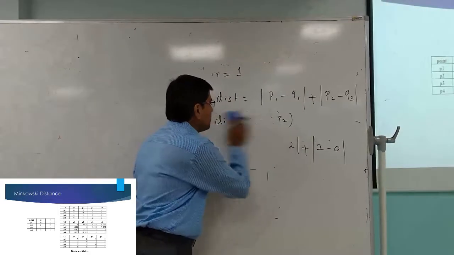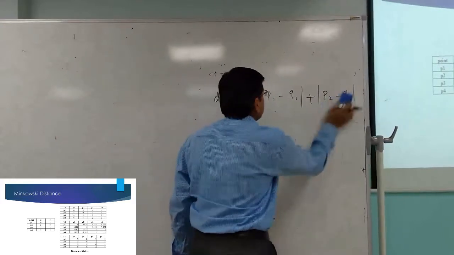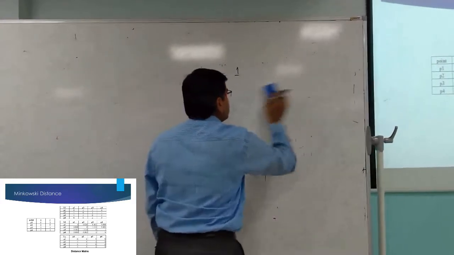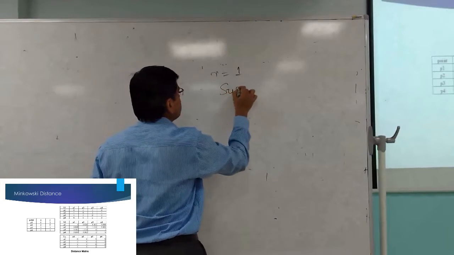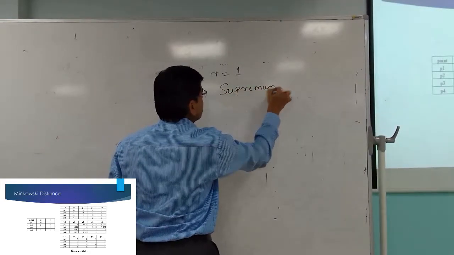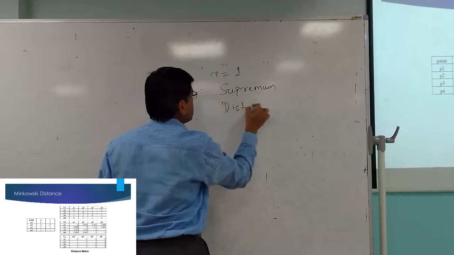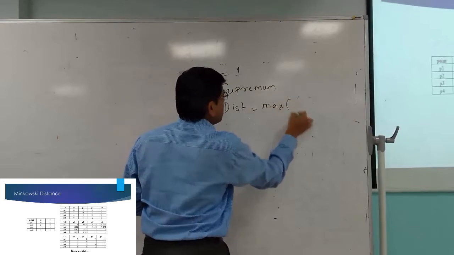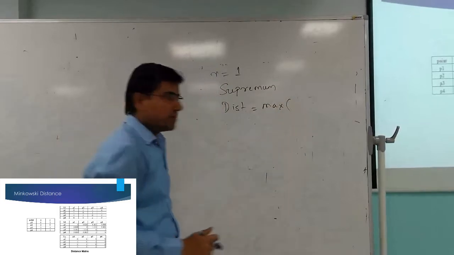Suppose I am interested in computing the supremum values, then you have to take the maximum of the differences between the two elements.